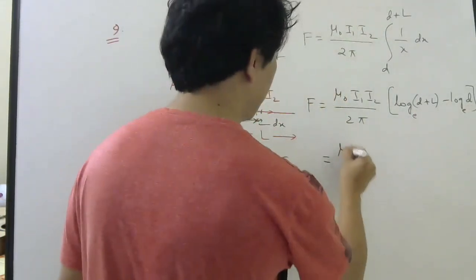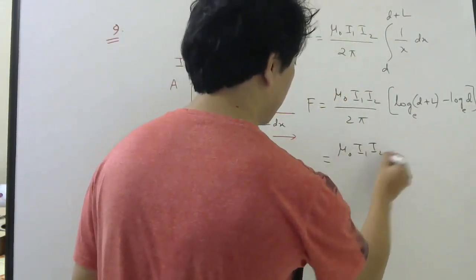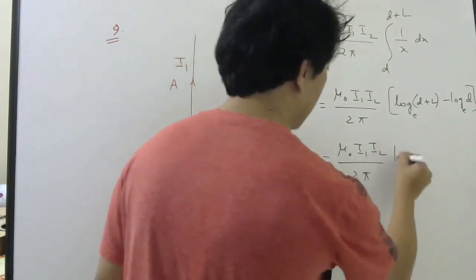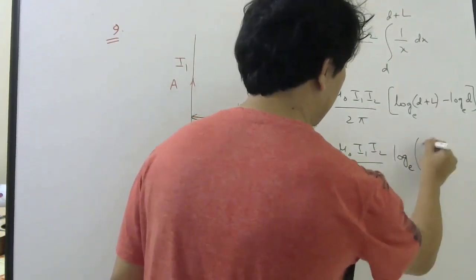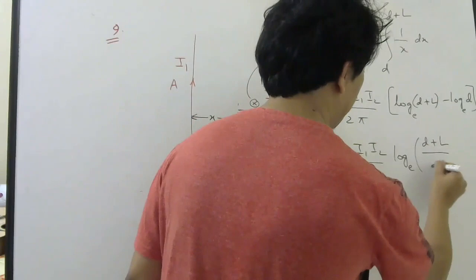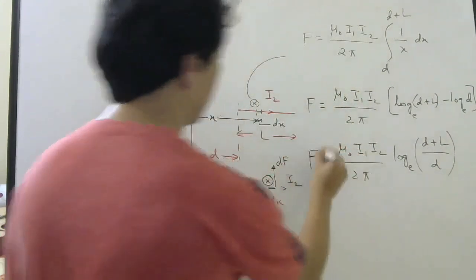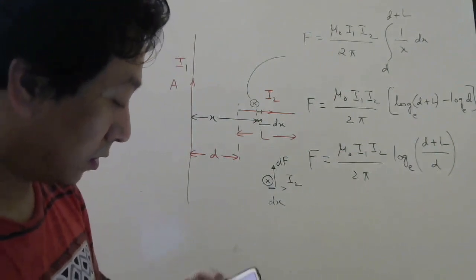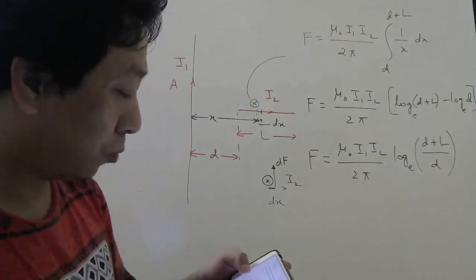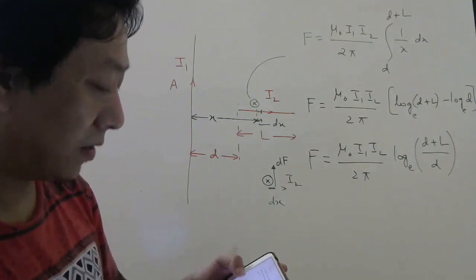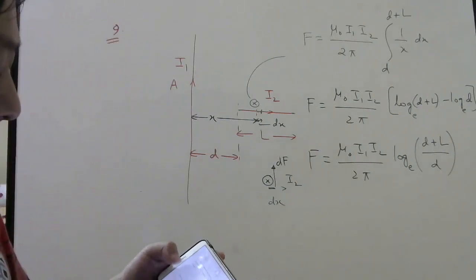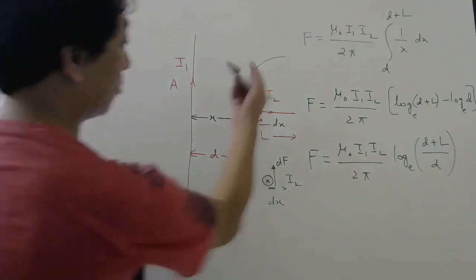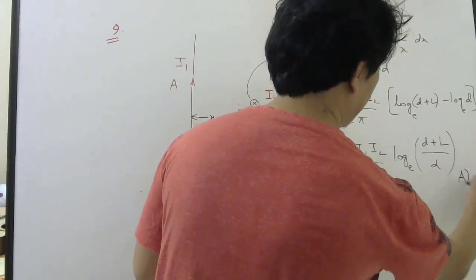So this will be mu naught I1 I2 divided by 2 pi, log base e of (d plus L) divided by d. So that will be the force. Let's check which option the force matches. Mu naught I1 I2 by 2 pi log of (L plus d) by d, upward. Force is upward. So option A.